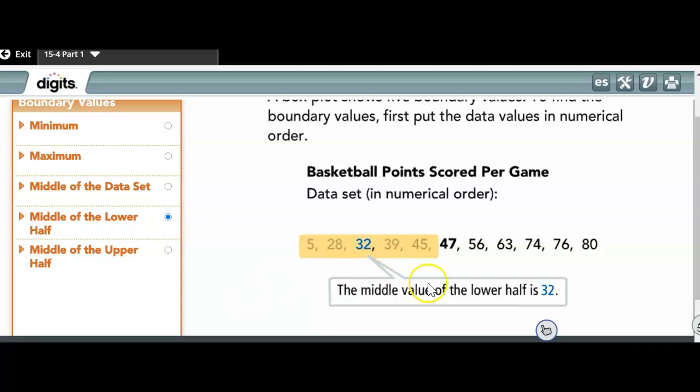The key is that it is all numbers lower than the median, so we are not including 47 here. So we have 5 to 45. We're finding the median of that. So our answer is 32. Why don't you try to find the middle of the upper half on your own now.